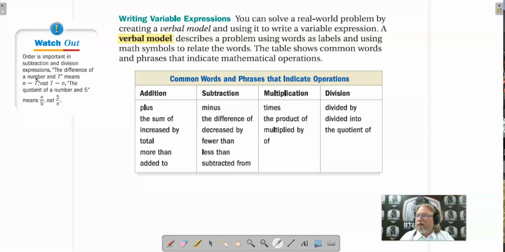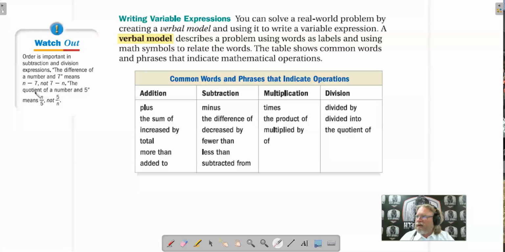So let's say this number were 10. The difference between 10 and 7 means 10 minus 7, not 7 minus 10. Because 10 minus 7 would be 3, whereas 7 minus 10 would be negative 3, and 3 and negative 3 are not the same value.